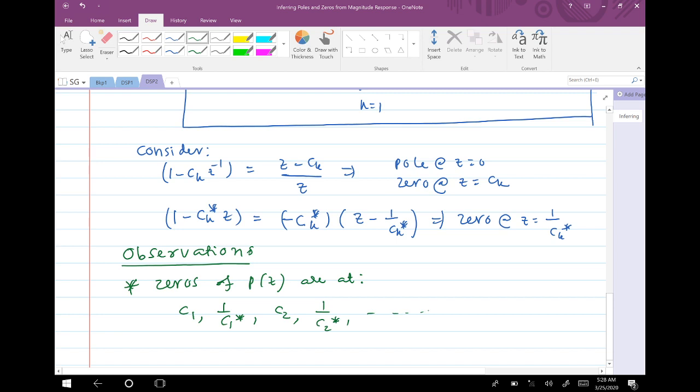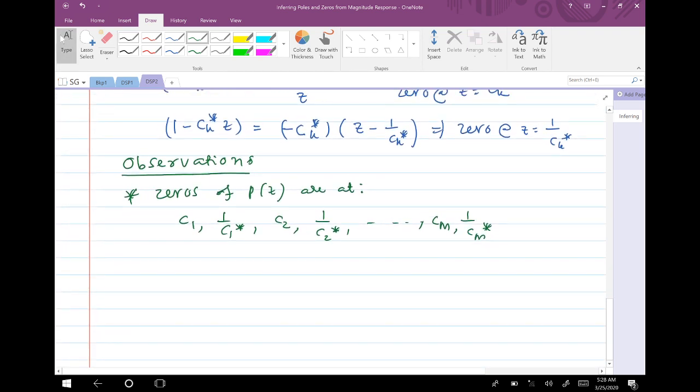You have m such terms, so you have cm and 1 by cm conjugate. Second, let's take a look at poles. Poles of p of z are at d1, 1 by d1 conjugate, d2, 1 by d2 conjugate.